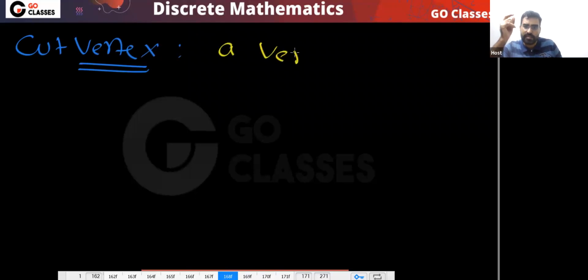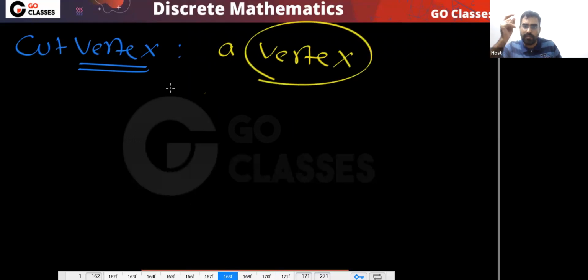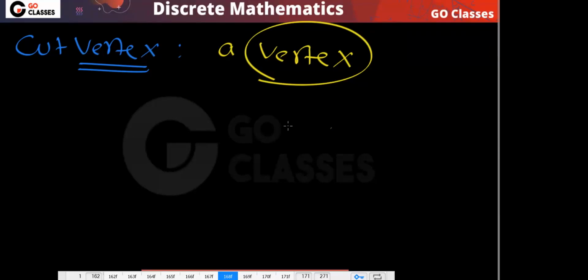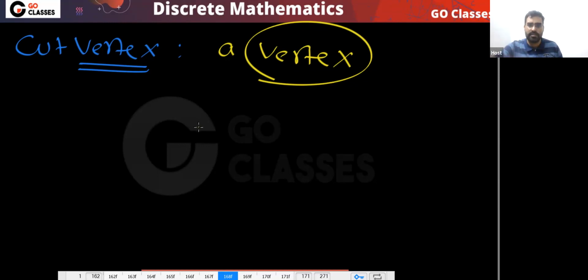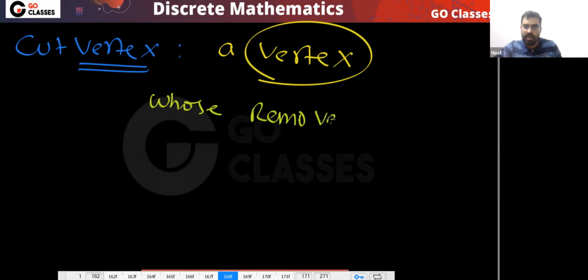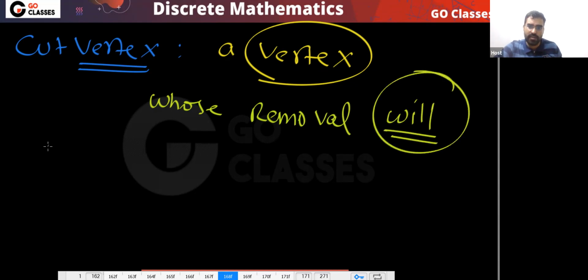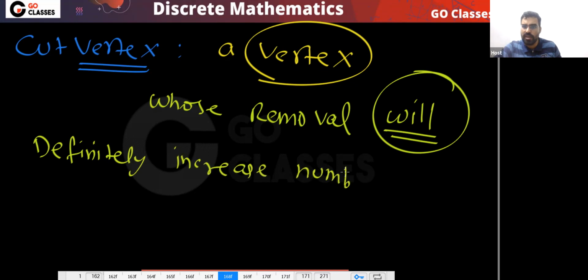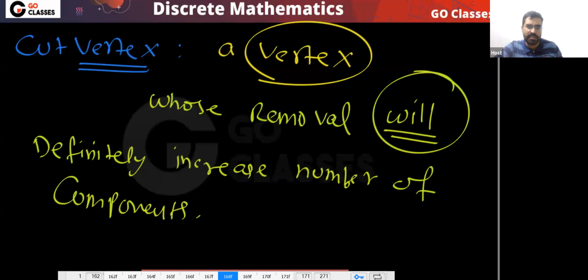It is a vertex whose removal will definitely increase the number of components. You just have to check whether the number of components is increasing or not.